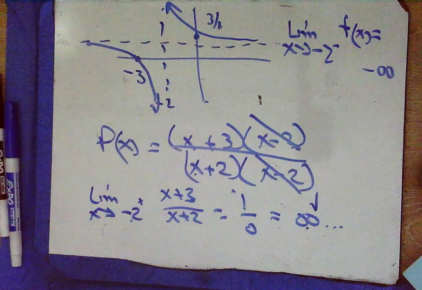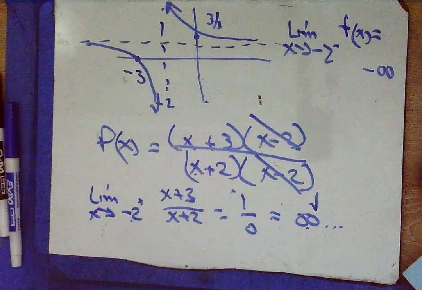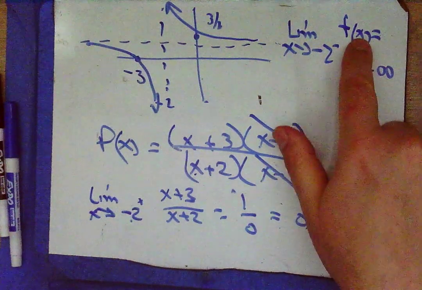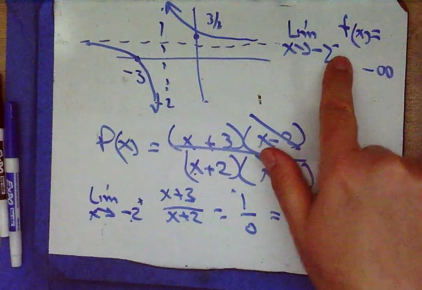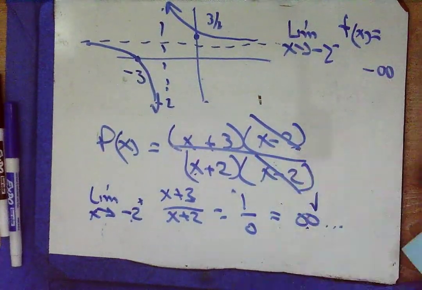And if I know the graphs, it's very easy for me to say this function, as x heads to -2 from the negative side, is going that way.